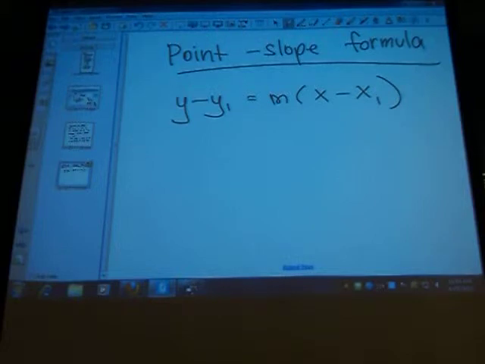Okay, so sometimes people try to replace everything with numbers. You're not going to replace everything, because you're wanting to create an equation. So you never replace x and y. X and y are always just going to stay x and y.